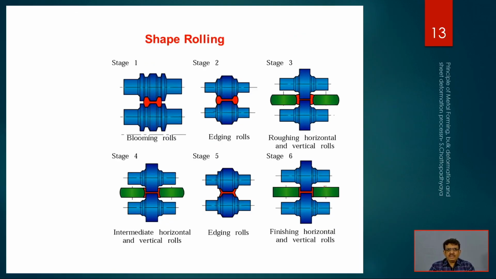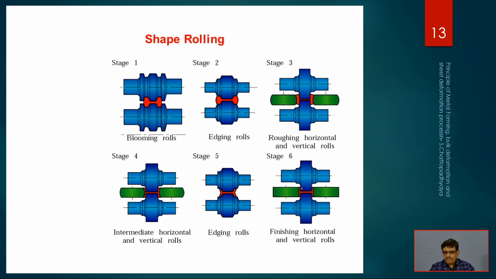Now, shape rolling: different kinds of shapes can be generated from it. With the different shapes in the rolls and their configuration, different shapes like I-sections and other things can be produced from blooms, which are fed into those rolls, mostly at elevated temperature with hot workpieces. According to that, all those things will be produced.